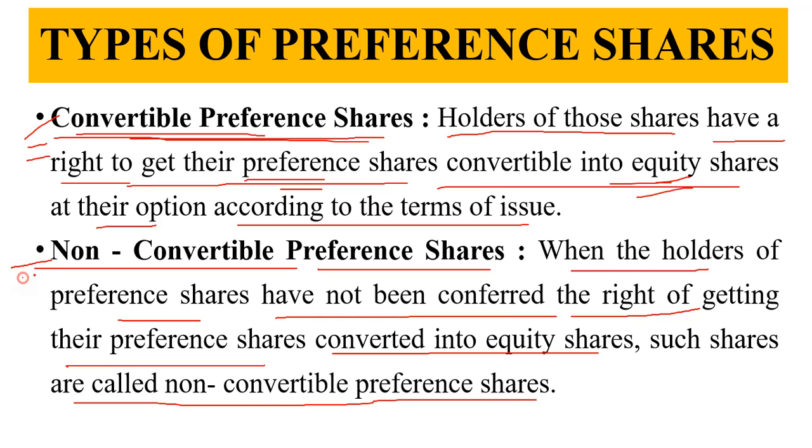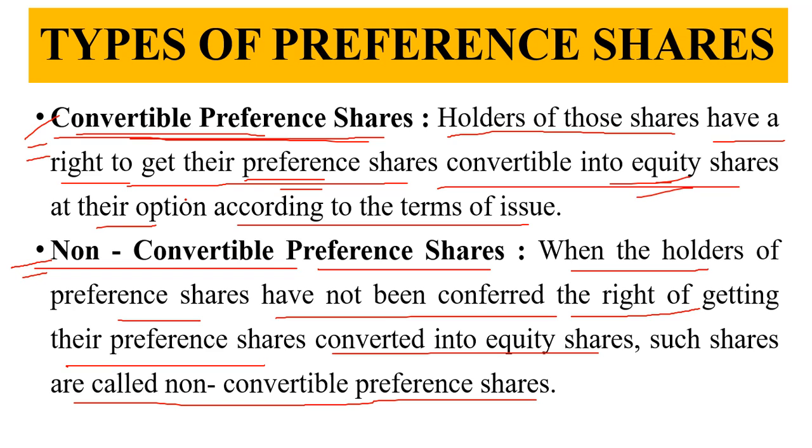The holder of a non-convertible preference share does not have any right to convert the preference shares into equity shares, whereas convertible shareholders have that right. So this is the difference between convertible and non-convertible preference shareholders.